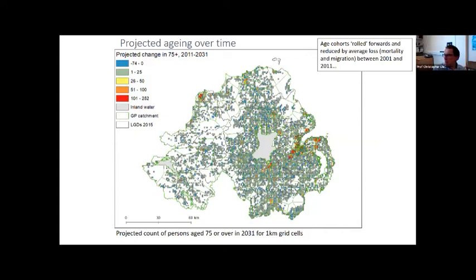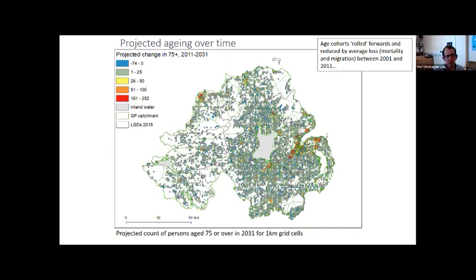Just to move on quickly, I don't want to run out of time before we move to any questions that anybody might have. But one of the other things we did was to roll forward, to use change between 2001 and 2011 to try to estimate population increases or decreases for those aged over a certain age threshold. So aged over 75 here, for example.